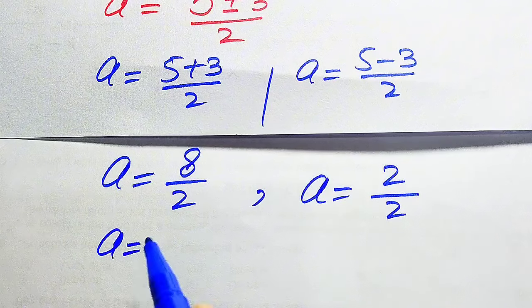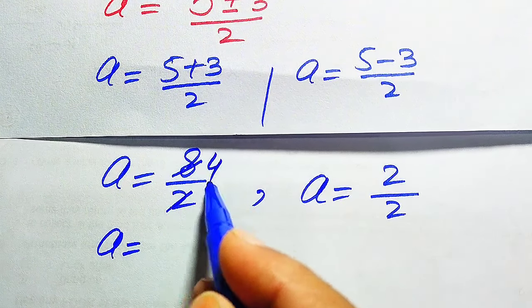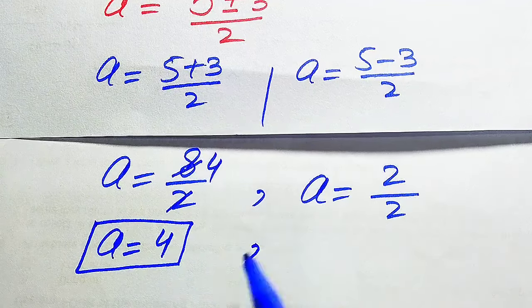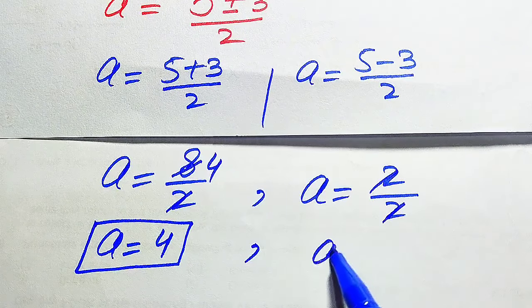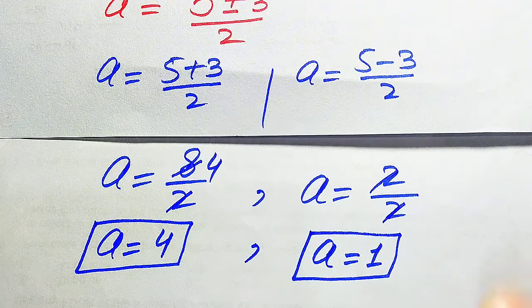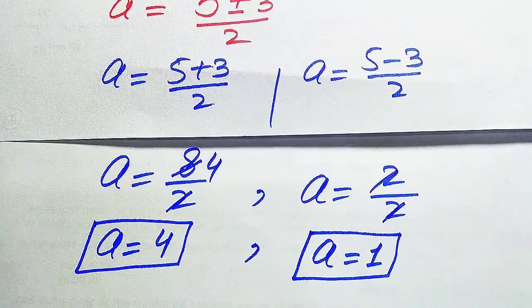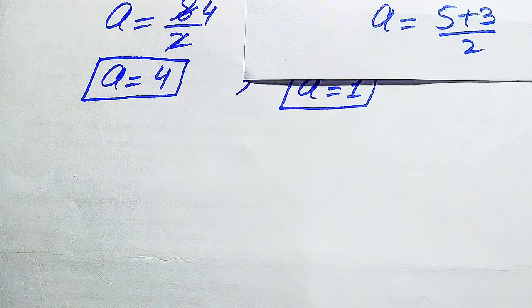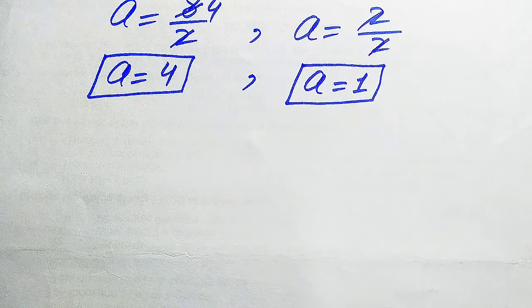So from this case we get the value of a is 8 divided by 2, so a is equal to 4, and from here these two are cancelled out by each other and we get a is equal to 1. So this is our second value of a. So these are the two roots which we get here.